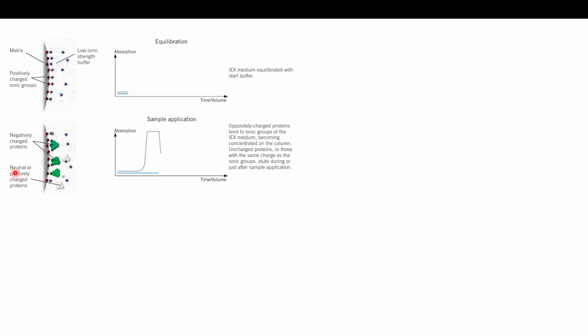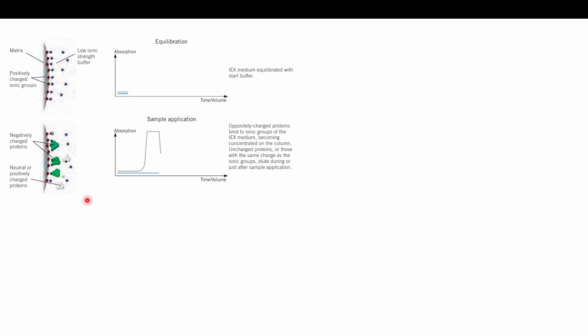Along with your negatively charged protein of interest, there are other neutral or positively charged proteins also. Oppositely charged proteins bind to ionic groups of the matrix, becoming concentrated onto the column, and the uncharged proteins or the positively charged proteins won't really be interacting with the positively charged matrix with that much affinity or strength.